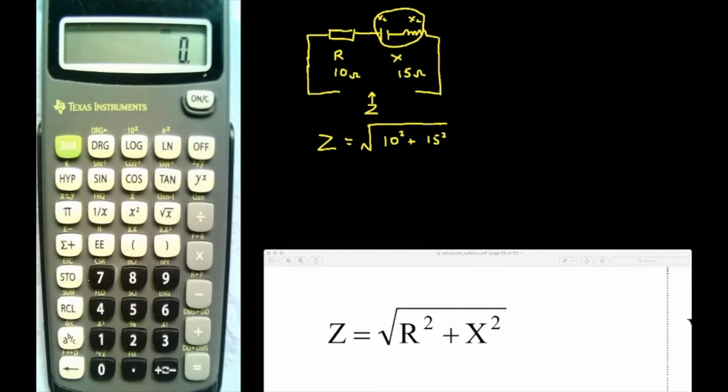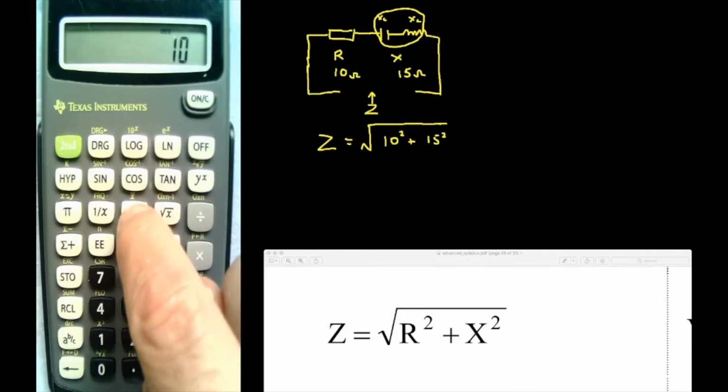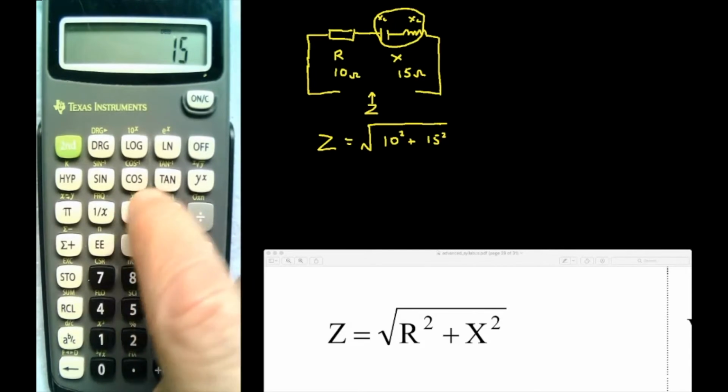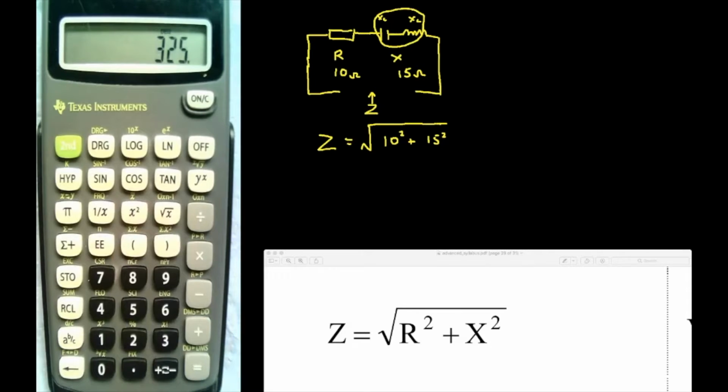So clear the calculator, and we'll say 10 x squared plus 15 x squared equals. So this is evaluated on the calculator to 325. So now I'm left with this, aren't I?